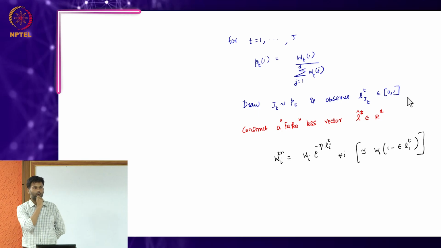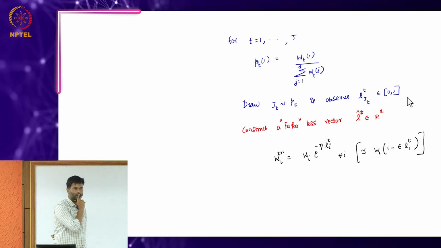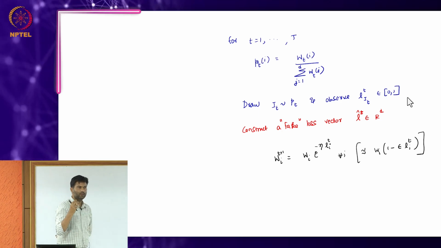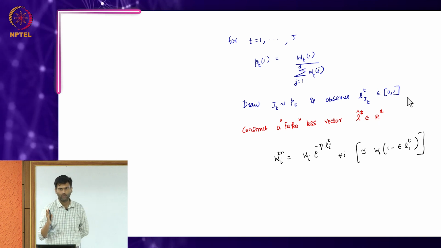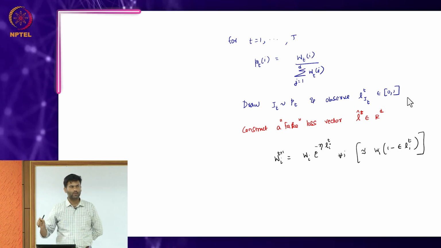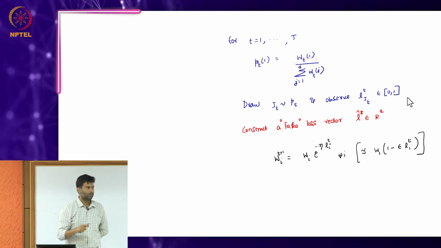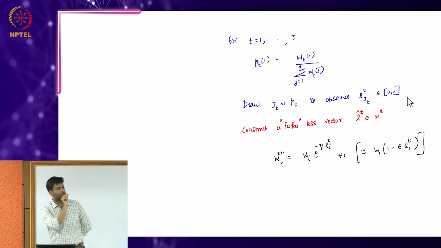What property do we want of L hat t? Of course, if it is equal to L_t, that's the best thing, but we cannot achieve that because the adversary is not showing us the actual value. We are only seeing one number, that's the problem.